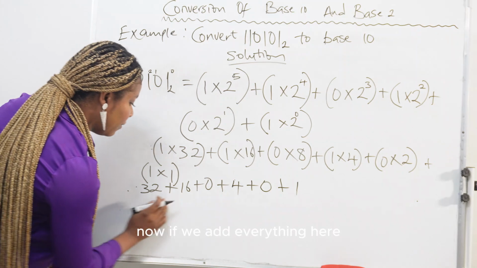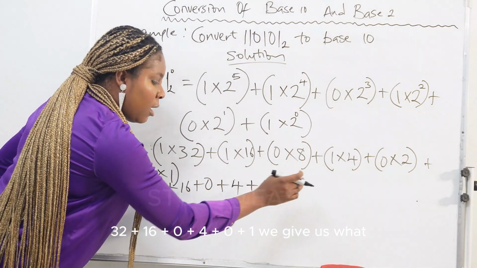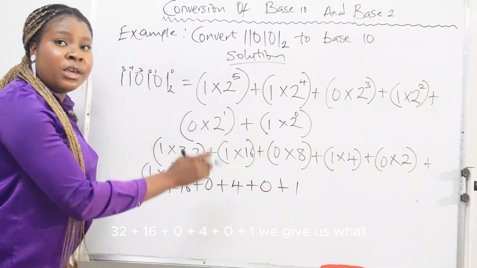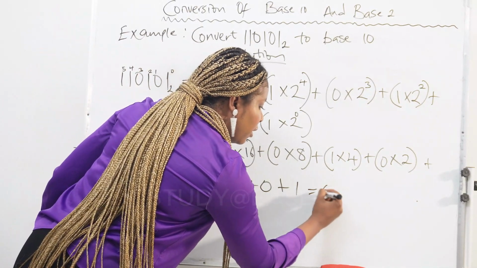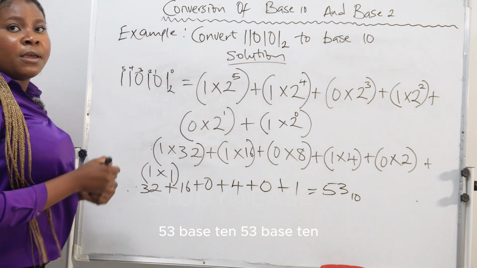Now if we add everything here, 32 plus 16 plus 0 plus 4 plus 0 plus 1 will give us what? 53 base 10.